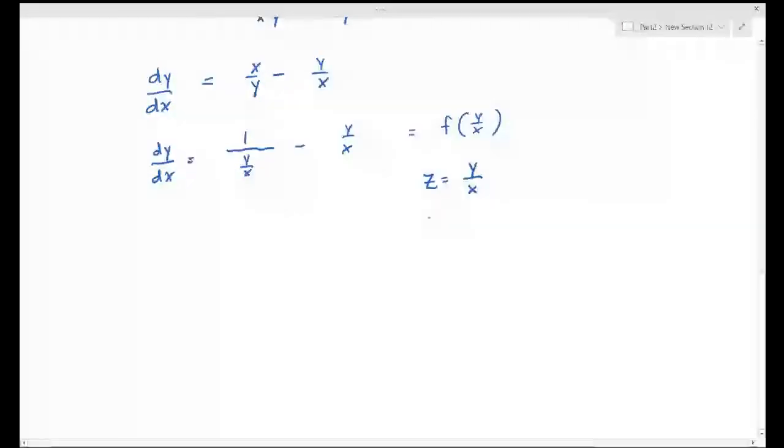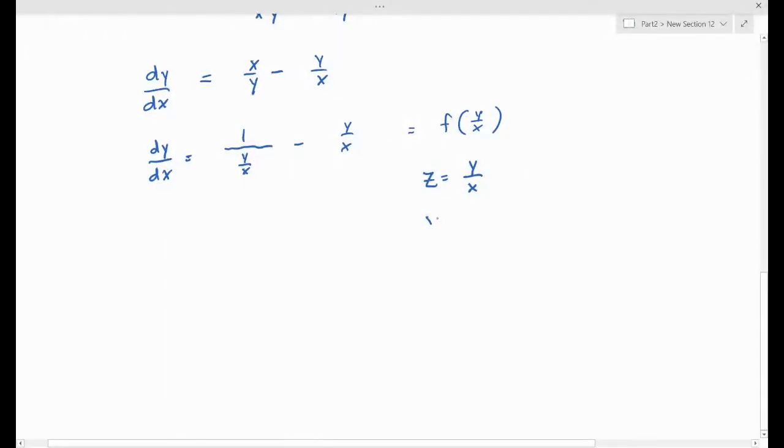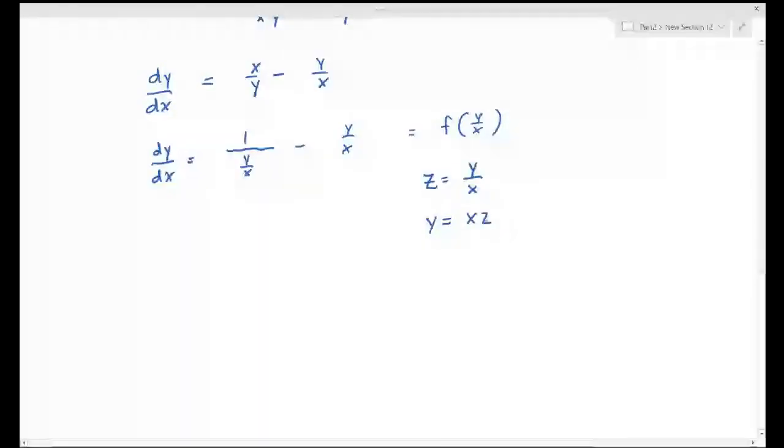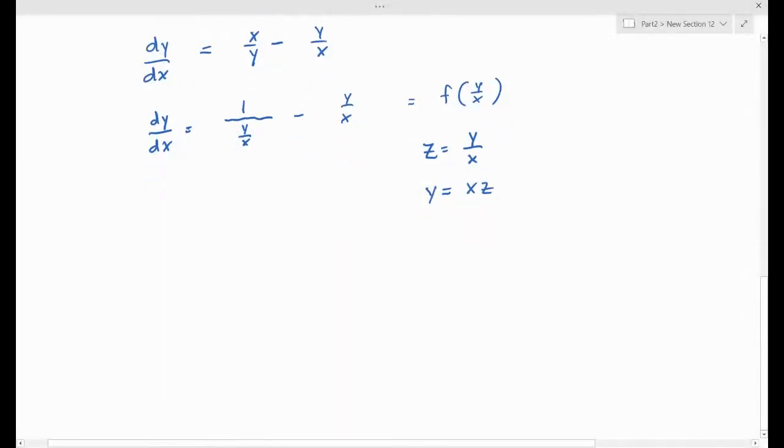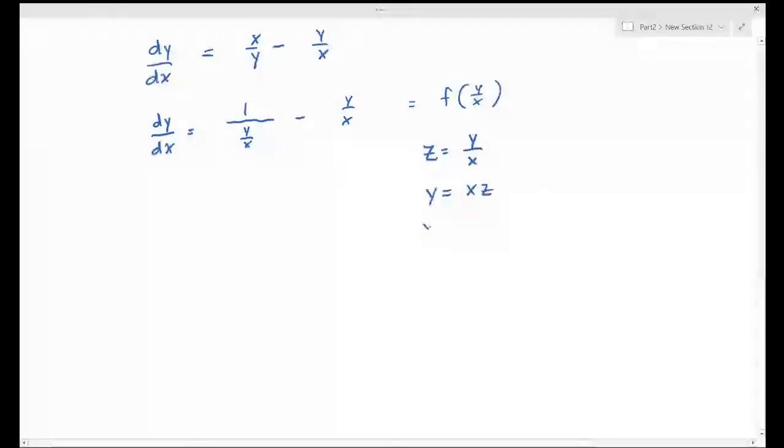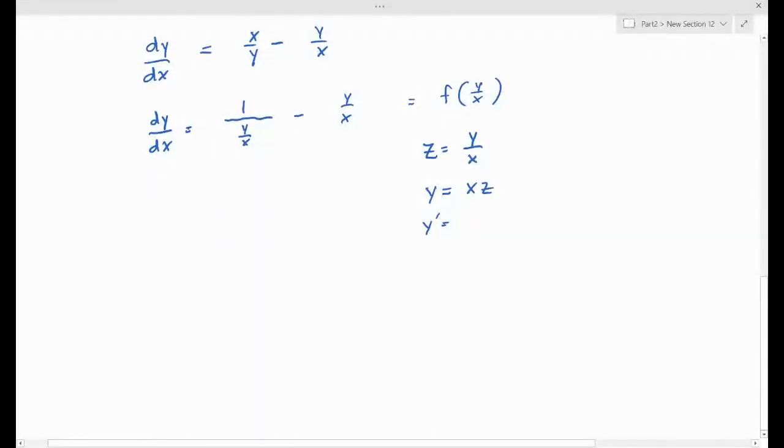Next, I'm going to isolate y, so y is equal to x times z. And I'm going to compute y prime, where the prime is shorthand for the derivative with respect to x.